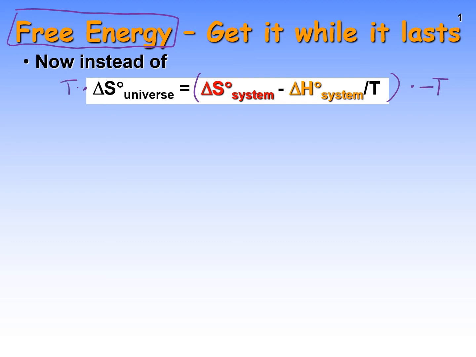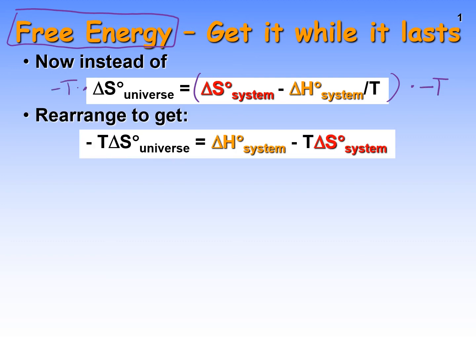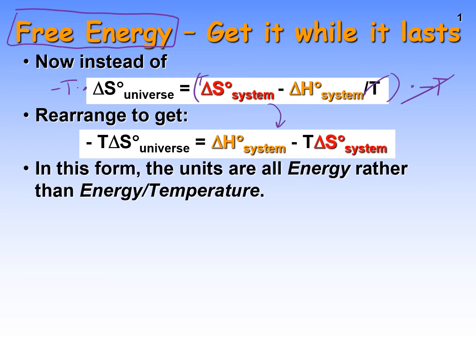Now, if I multiply both sides, I get a new equation, and it looks like this. The T cancels here, and it comes in here, and this whole thing turns into this equation. In this equation, everything is in just units of energy, because delta S is joules per mole per Kelvin, and temperature's in Kelvin.